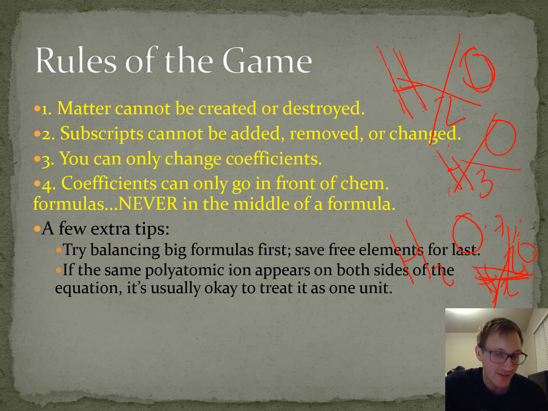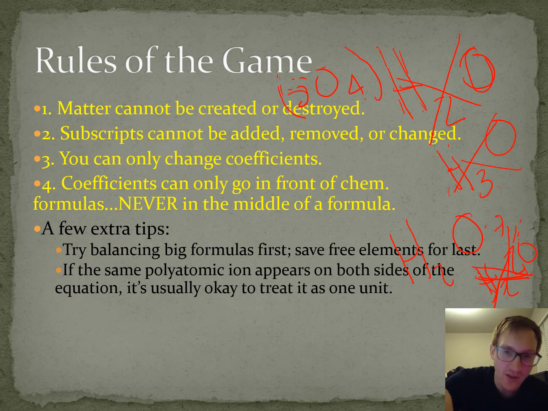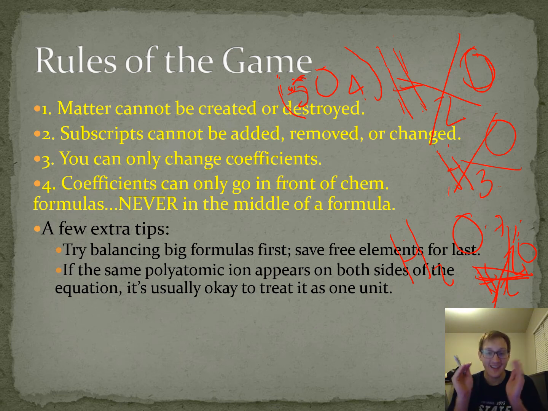For example, a sulfate, whether it's a hydrogen sulfate or a silver sulfate or whatever it is, sulfate in general is always SO4. These come in parentheses, and instead of treating it as one sulfur and 4 oxygens all the time, if those things are in parentheses together, just treat them as one unit.